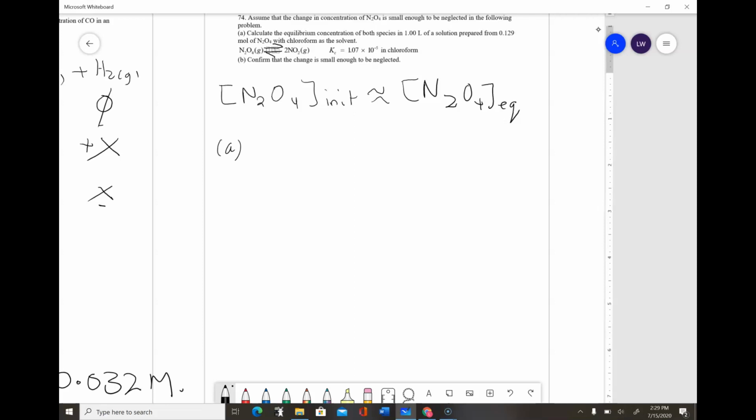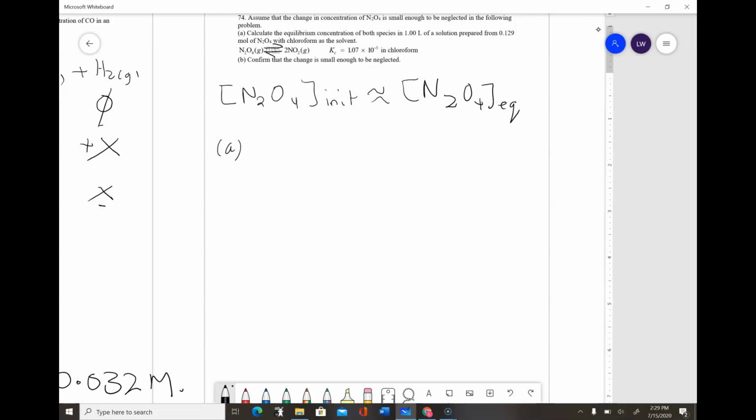It says calculate the equilibrium concentration of both species in 1 liter of a solution prepared from 0.129 mole of N2O4 with chloroform as the solvent. So this is nice. We're in 1 liter, so that means that the concentration of N2O4 is 0.129 mole per liter.